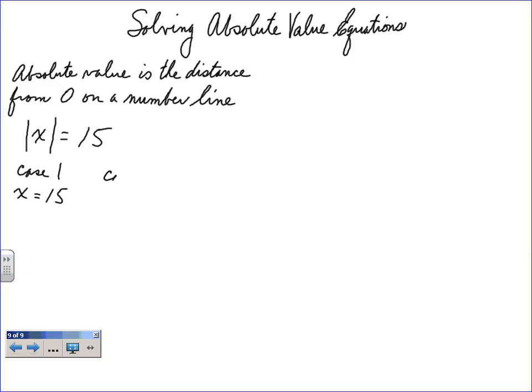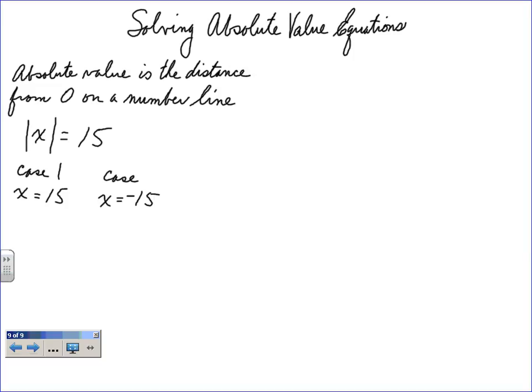In the second case, whatever's inside could equal negative 15. Will it always be negative if the absolute value? The case, in case 1, what's inside could equal this number. What's inside could also equal this number.